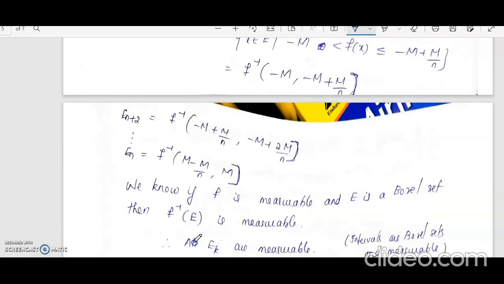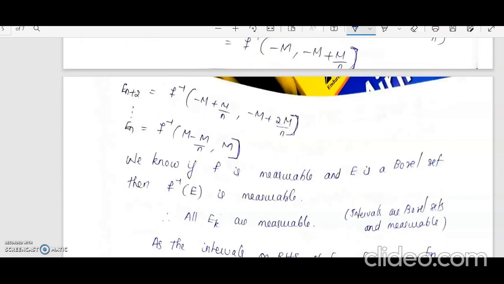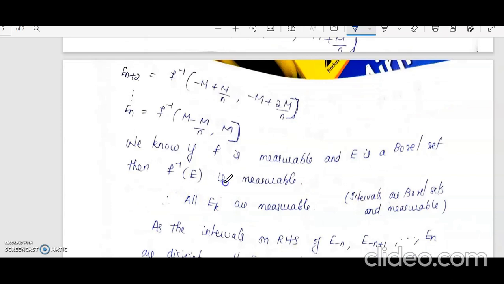We know that f is measurable, by the property of measurable functions. If f is measurable and E is a Borel set, then in that case f inverse of E is measurable. f must be measurable and E must be a Borel set. E in this case is the intervals from E minus n to En.